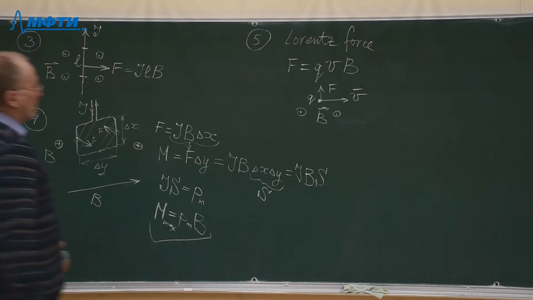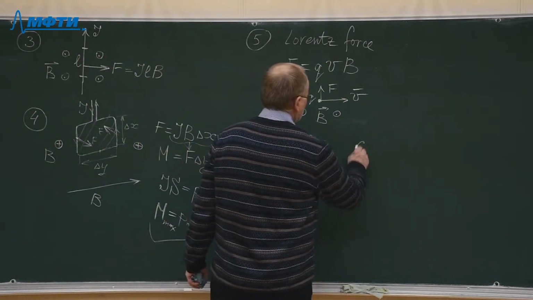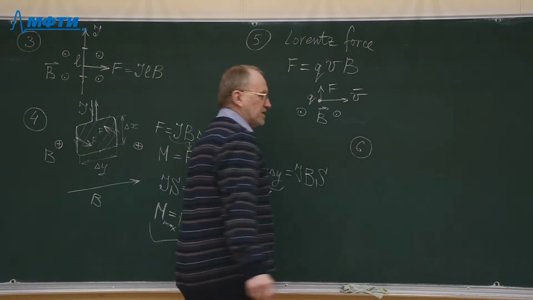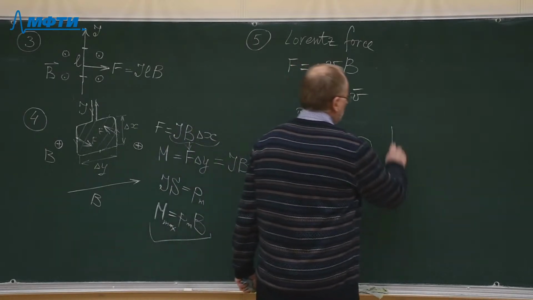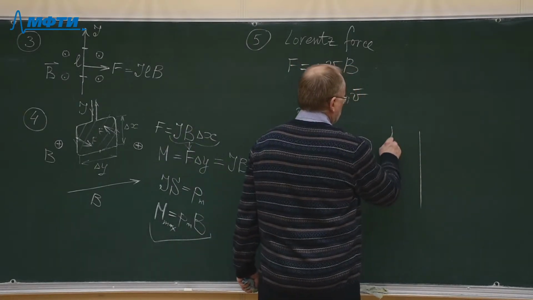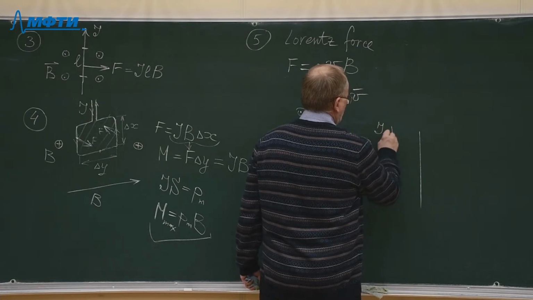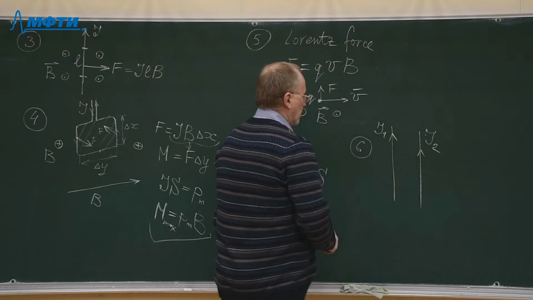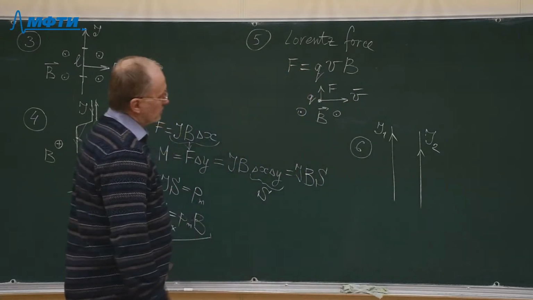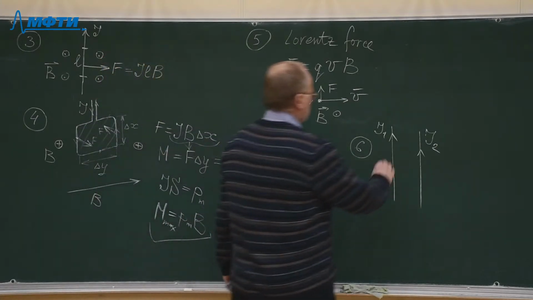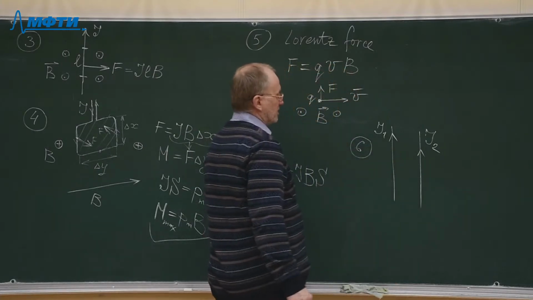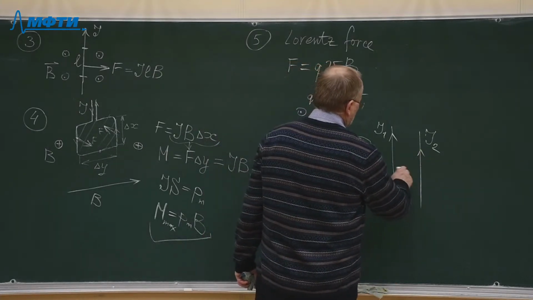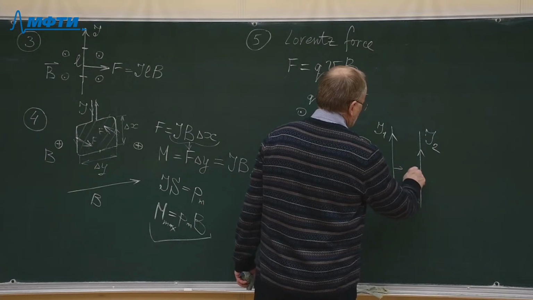Another important fact that we discussed was the magnetic interaction of two currents. If you have two currents, I1 and I2, they magnetically interact, and likely directed straight currents will be attracted.